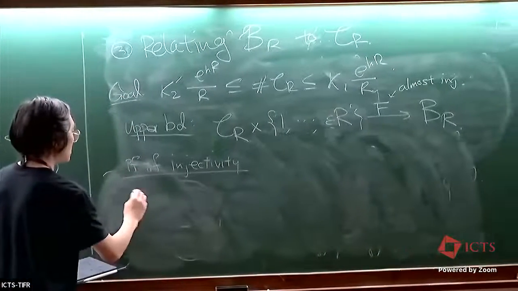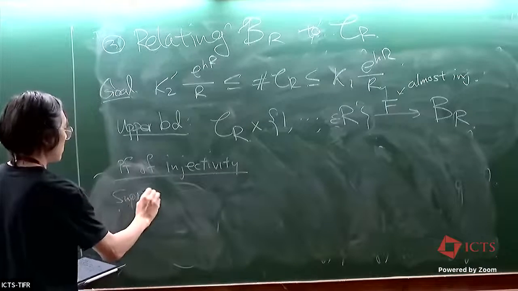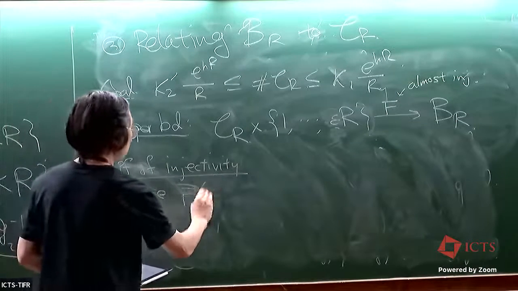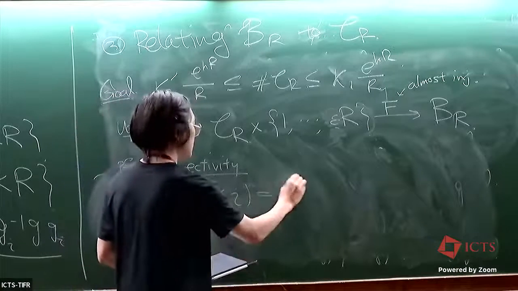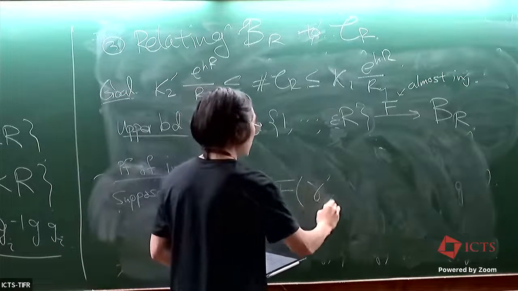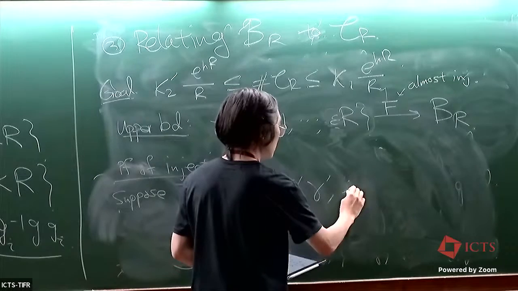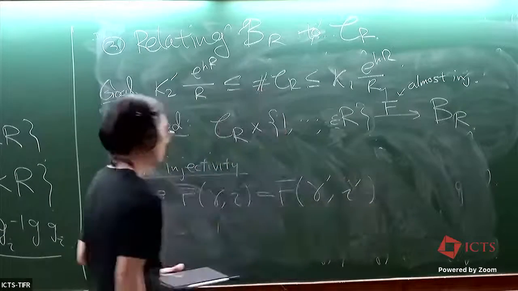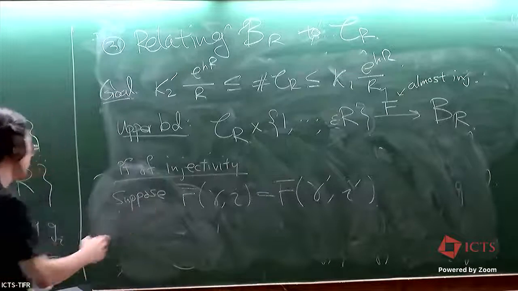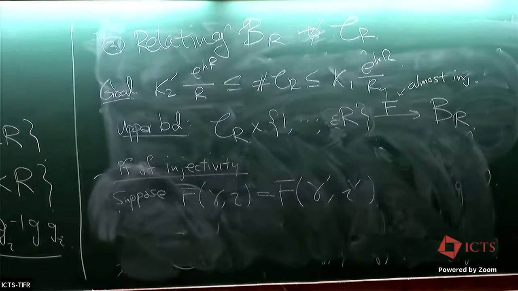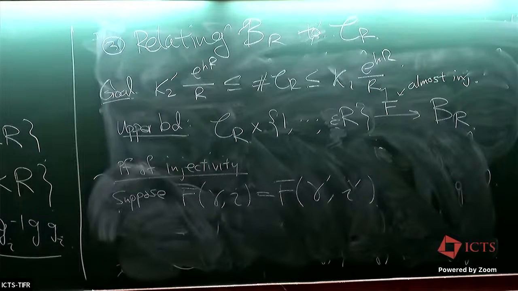So suppose f gamma i is the same as f gamma prime i prime. If gamma and gamma prime are distinct, then the resulting group elements belong to distinct conjugacy classes, so they shouldn't be the same element.